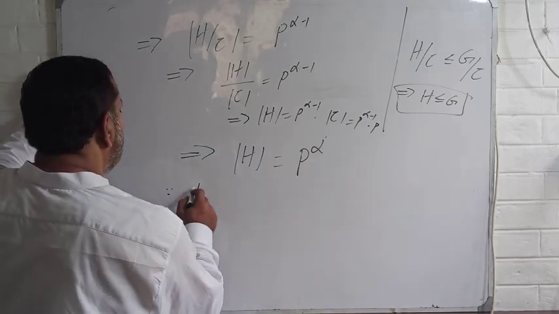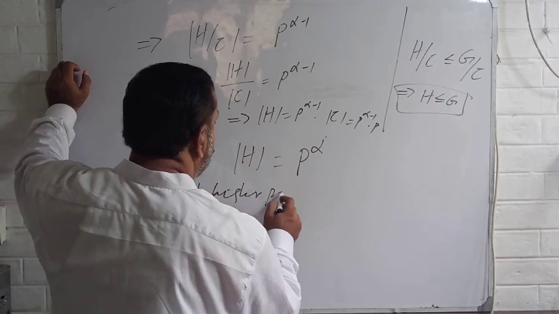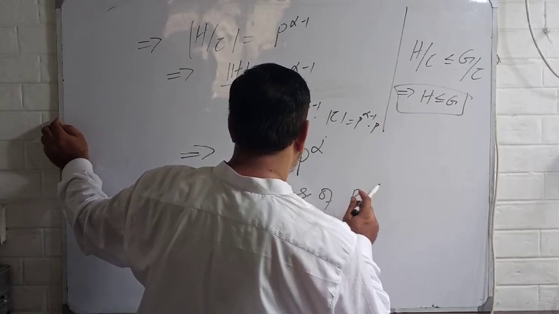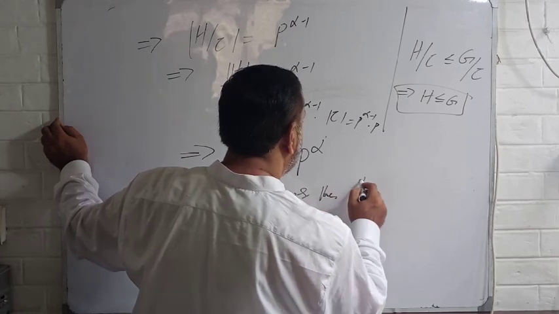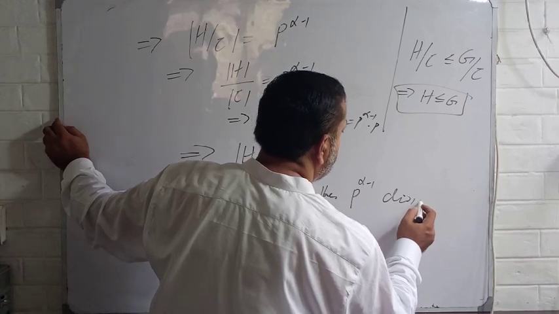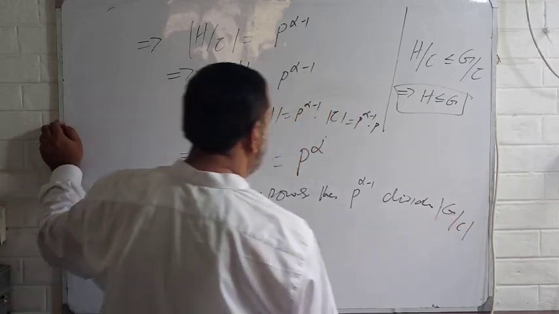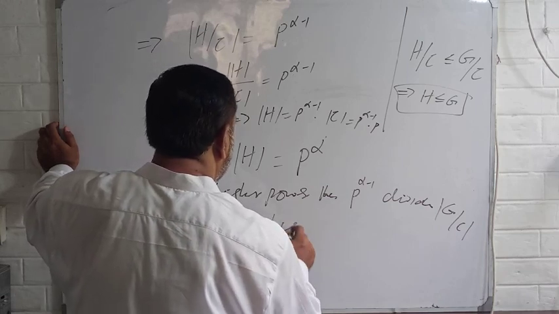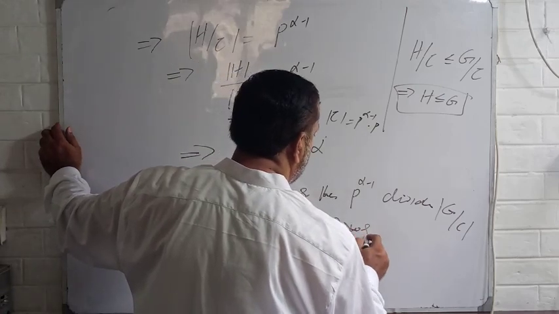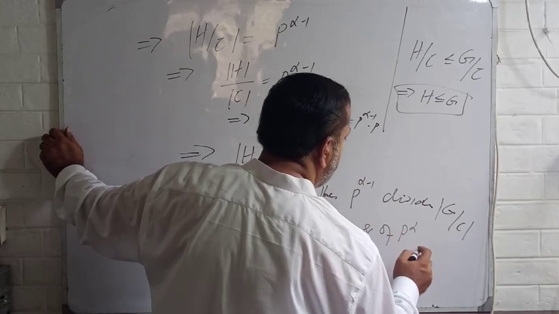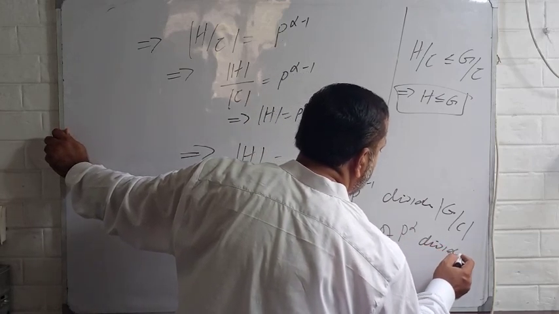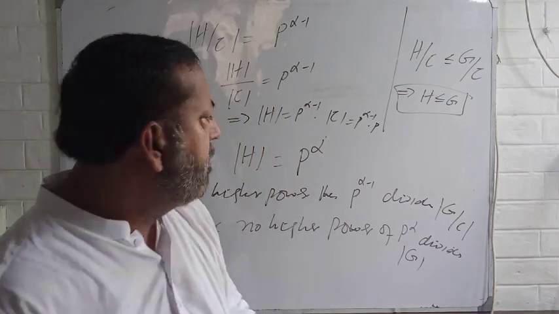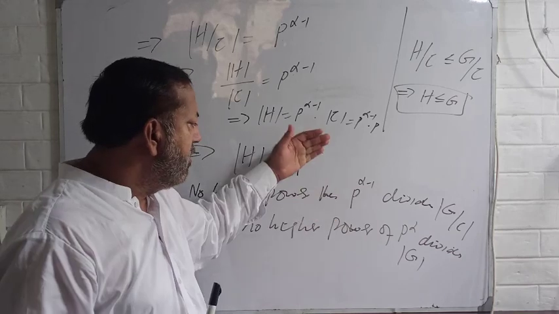So since no higher power of P divides the order of G by C, therefore no higher power of P power alpha divides the order of G. Also, you know that the order of G is P power alpha into something T. So that's why P power alpha plus 1 can never divide the order of G. No need to write these two lines as well.